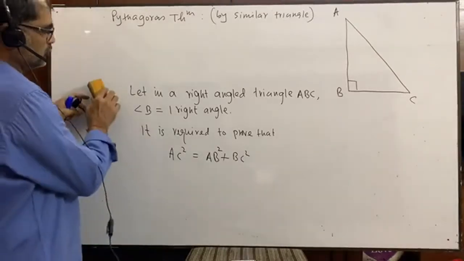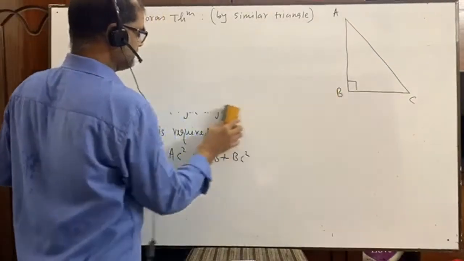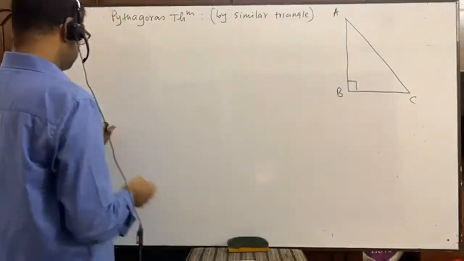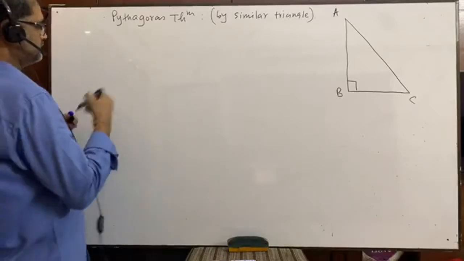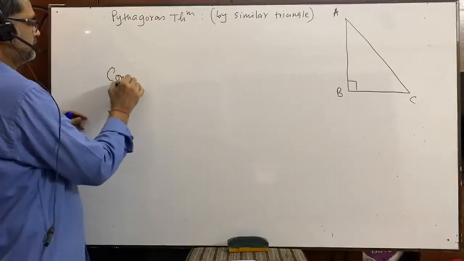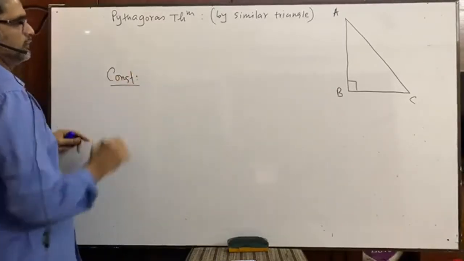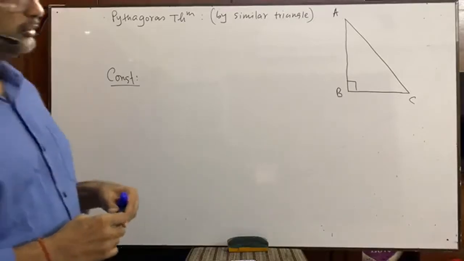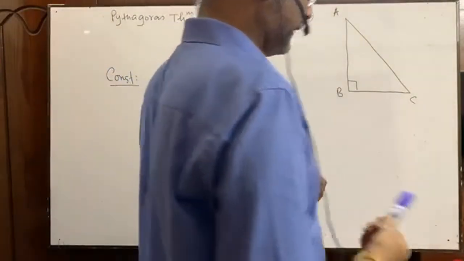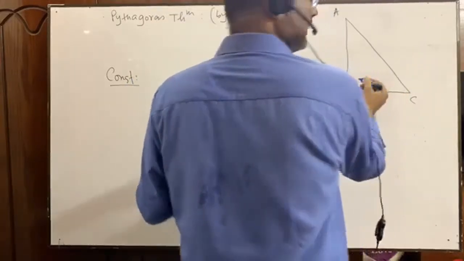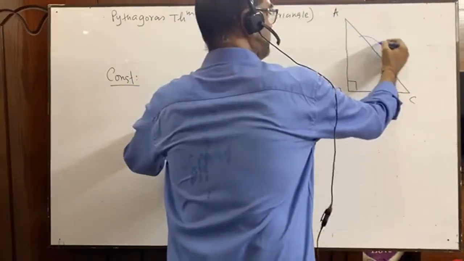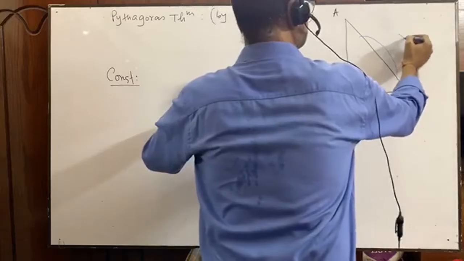Now go to construction. What will we do? We will draw a perpendicular from the point B on AC. In this way, a perpendicular is to be drawn like this.